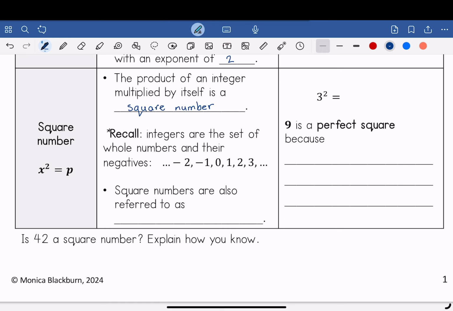Square numbers are also referred to as perfect squares. So 3 to the power of 2 is equal to 3 times 3, which is equal to 9. 9 is a perfect square because it's a product of an integer number 3 multiplied by itself.